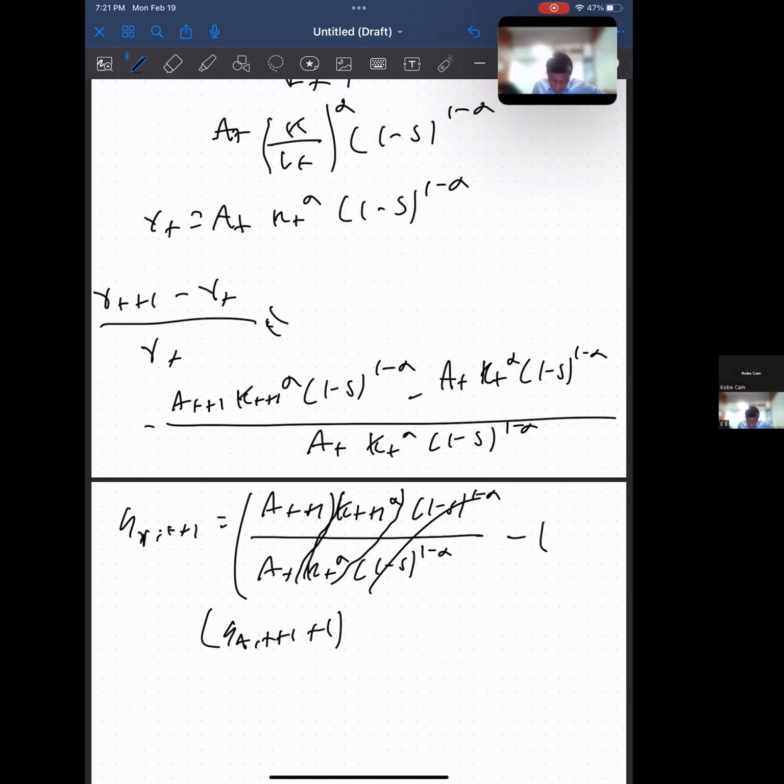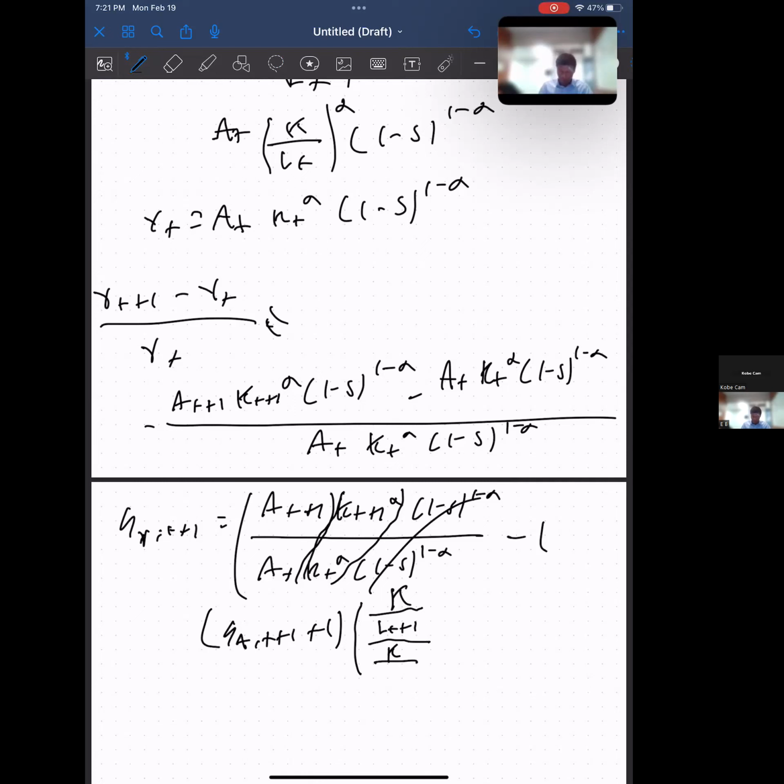Okay, so let's remember what the formula for capital per capita is here. That's big K divided by N, or labor, either way. So this is labor T plus 1 divided by K, just for consistency.